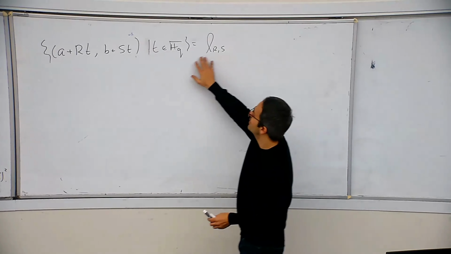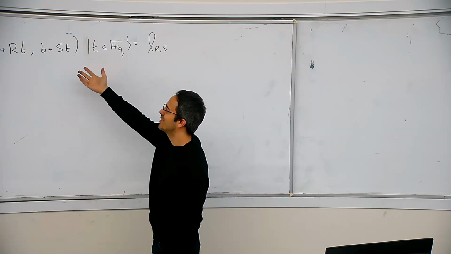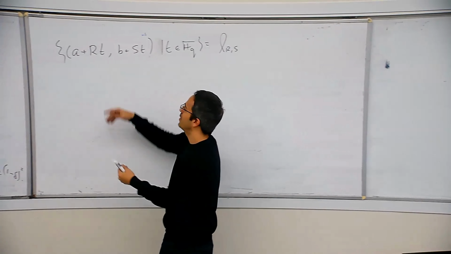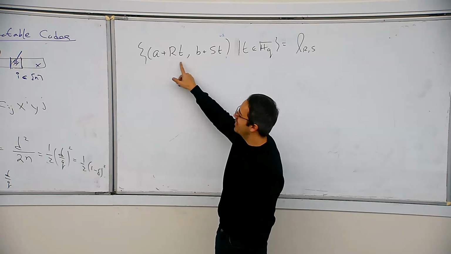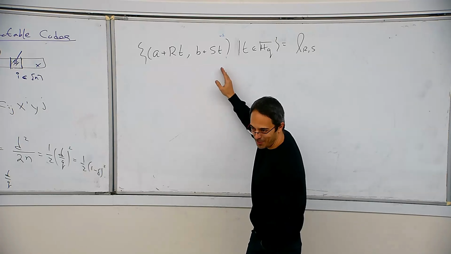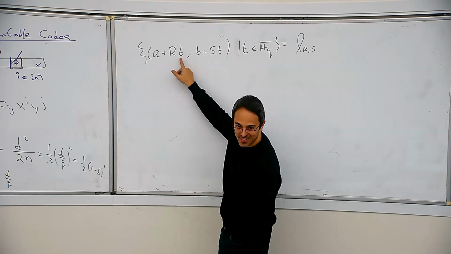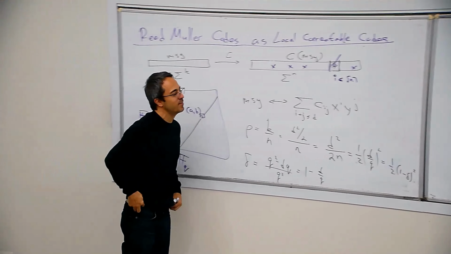Given R and S, this is a set of Q points in the plane, and they are aligned in a sense. When you move from (A, B) and take a step, you increase t by 1, you move R to the left and S up, but it doesn't really work this way, because maybe it's a field of characteristic 2, so it doesn't align. But still, these are Q points.